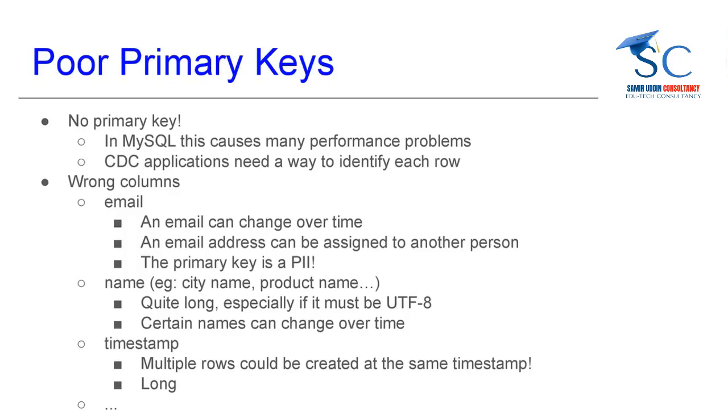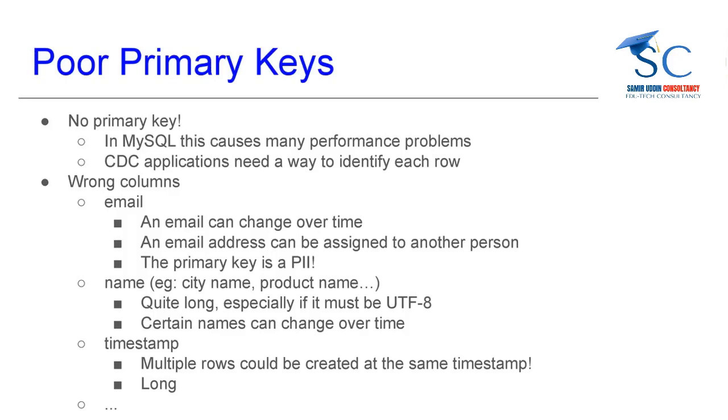Then another example is obviously the timestamp column. Why is it a bad example of a primary key? Well, first of all, it is not necessarily unique, because theoretically two events can happen at exactly the same time.